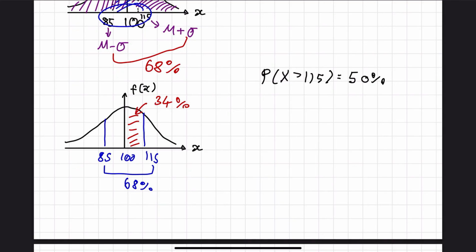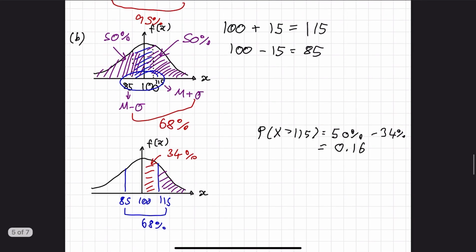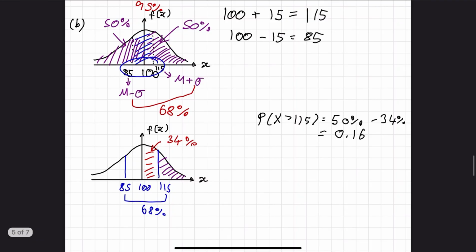And I know the bit that I don't want here, where it's less than 115, is 34%. So if I have my 50% and I get rid of the 34%, I'm left with the area I'm actually interested in. So 50% minus 34% gives me 0.16.